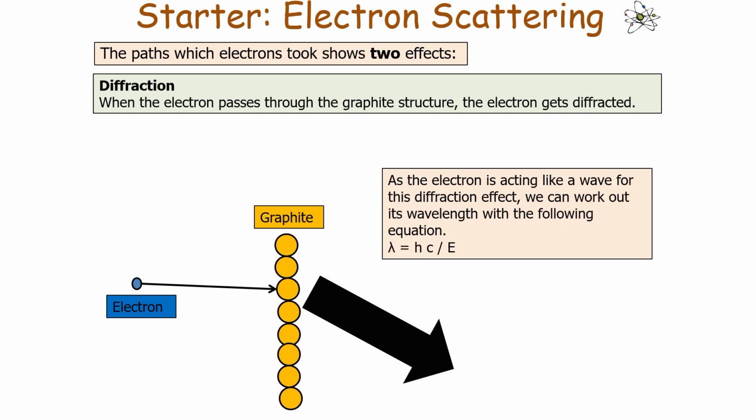So as the electron is acting like a wave for this diffraction effect, we can work out its wavelength with the following equation. The de Broglie wavelength is equal to Planck's constant times the speed of light divided by the energy.